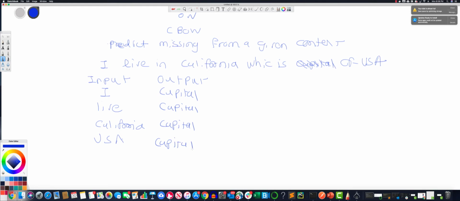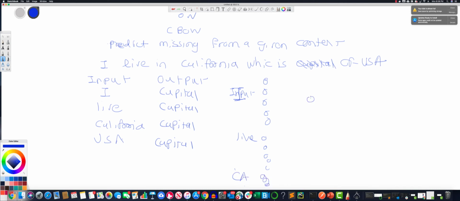Then we train a neural network where there are multiple word inputs. Let's say this is the vector for word I, then this is the vector for word live, and so on and so forth, and this is the vector of word California.